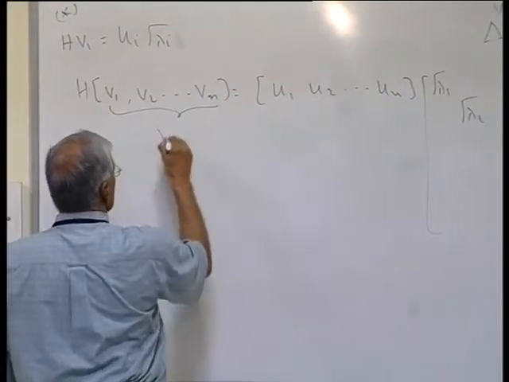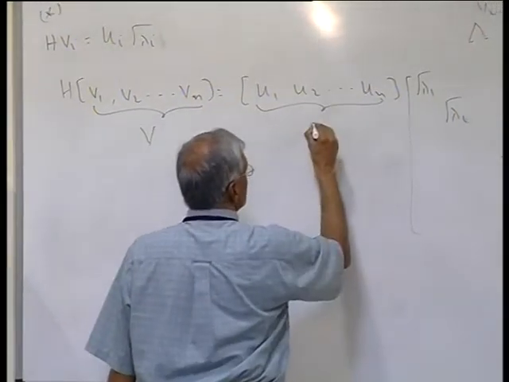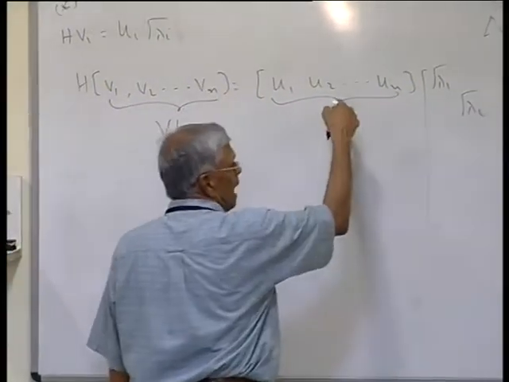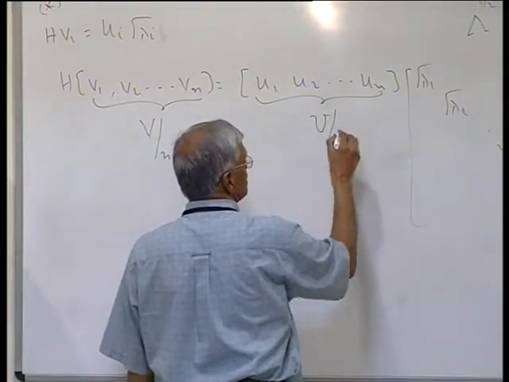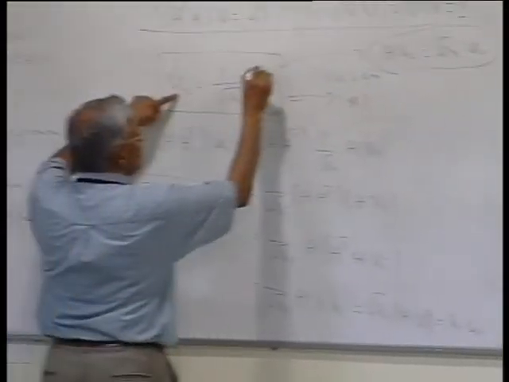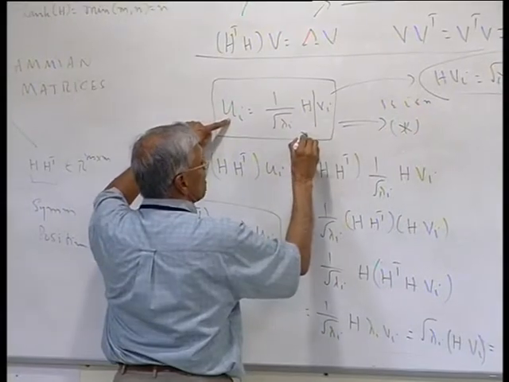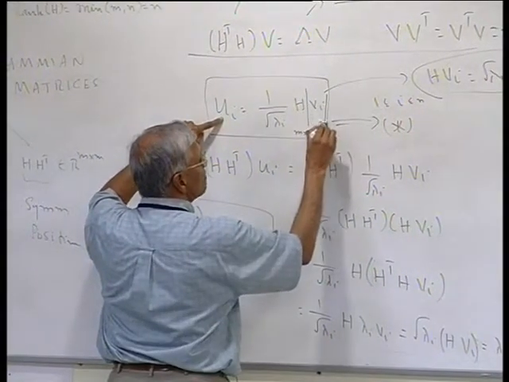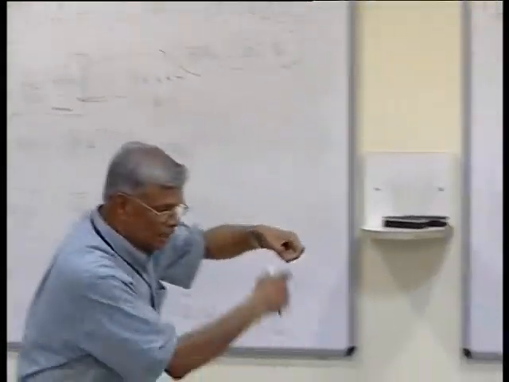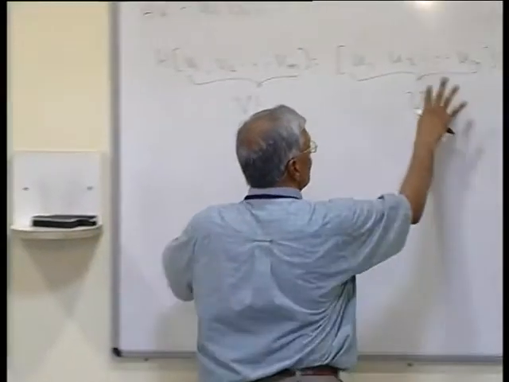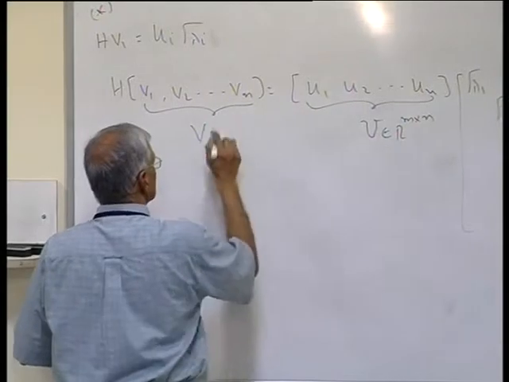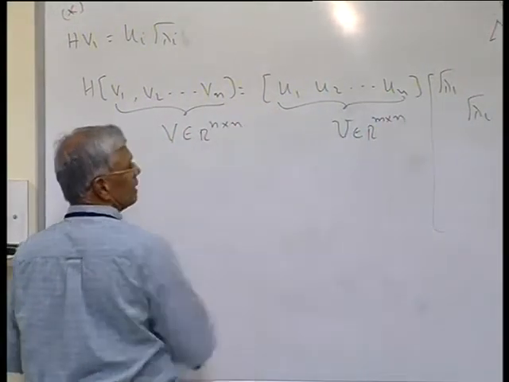So this is the matrix V, this is the new matrix U, V is n by n. Amit has been talking about this. So let's compute the size of this. H is m by n, this is n by 1, so this is m by 1. UIs are m vectors, so this belongs to R m.